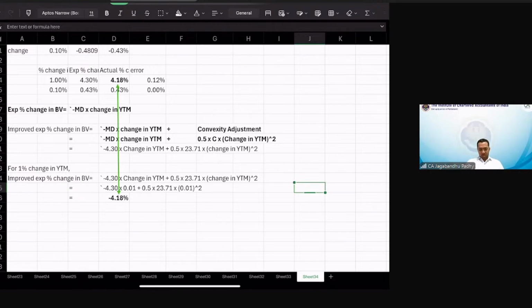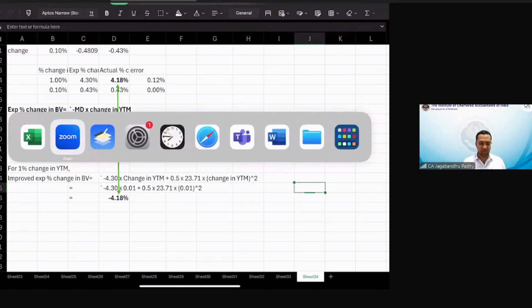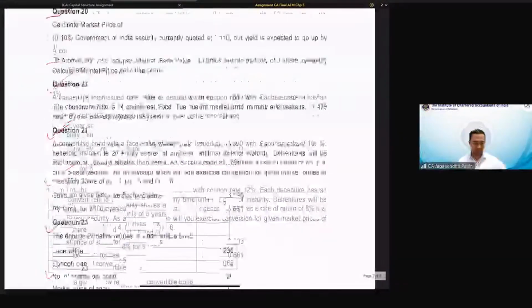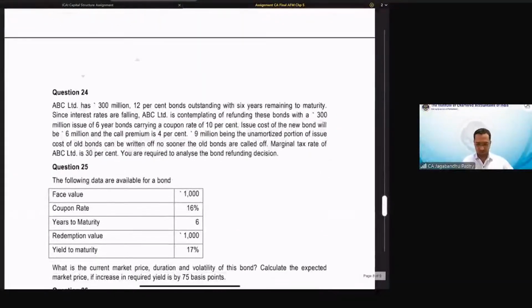Okay, fine. So now, since we have understood this concept of modified duration and convexity, let's do some questions from the handout.